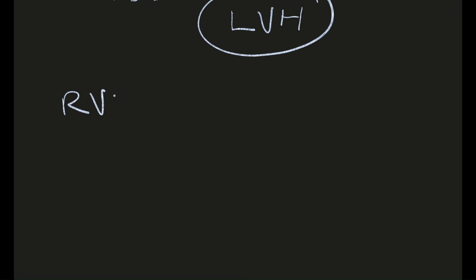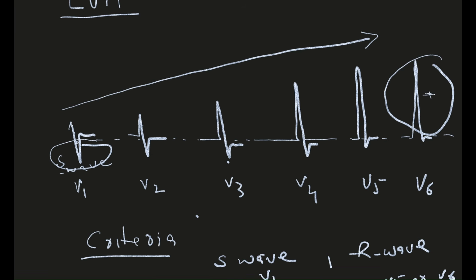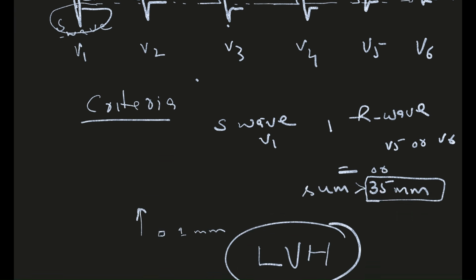Now, what about right ventricular hypertrophy? Look at this ECG pattern. Normally, your R wave is getting bigger and bigger, and your S wave is getting smaller and smaller. Now, what happens in right ventricular hypertrophy if I draw the wave pattern of the QRS complex in V1?